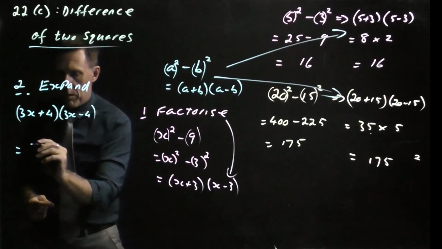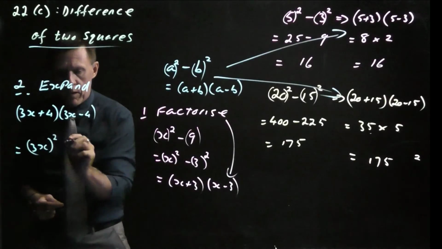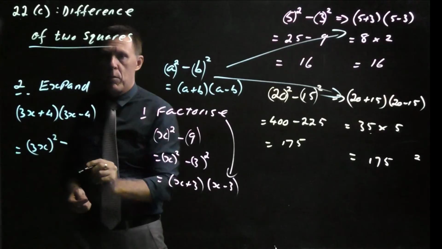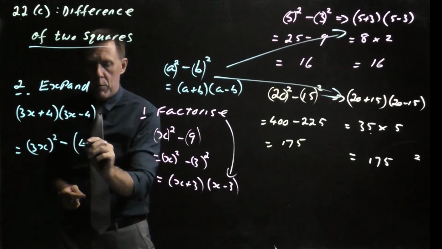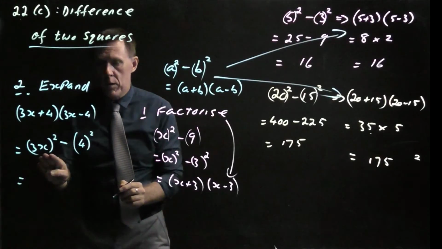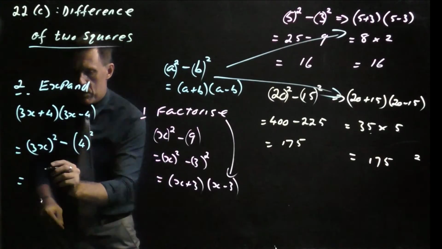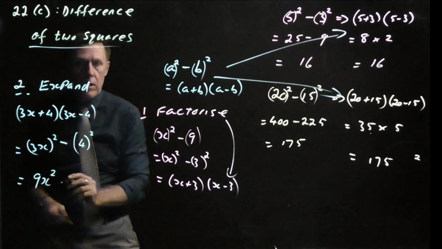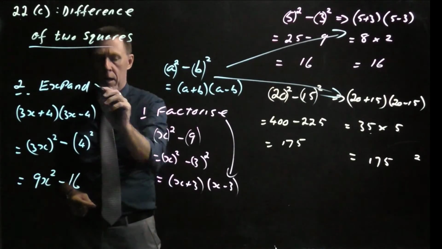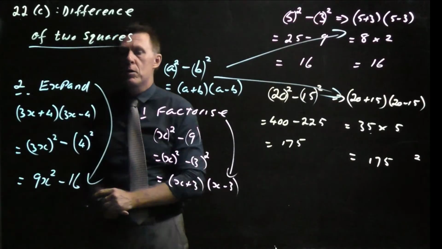So we take the first number, which is 3x, and you square it. Because it's a difference of two squares, you put a minus sign in. Then put the second number, which is 4, and just square it. So 3x times 3x: 3 times 3 is 9, x times x is x squared. 4 squared is 16. That is the expansion of the question.